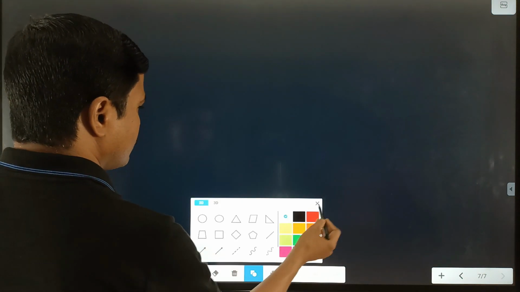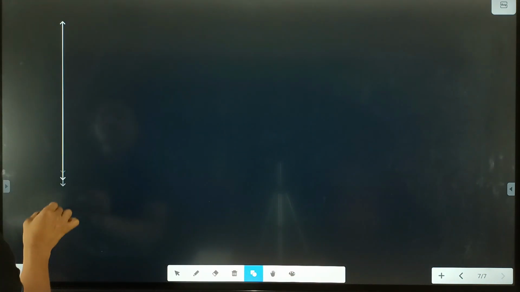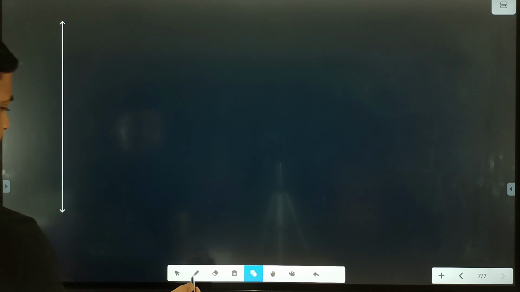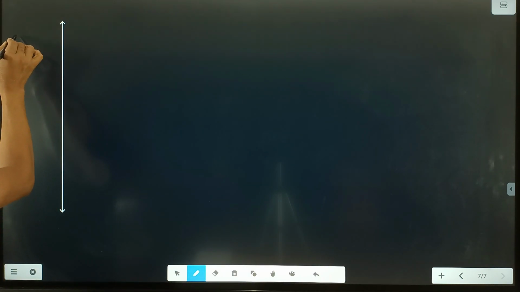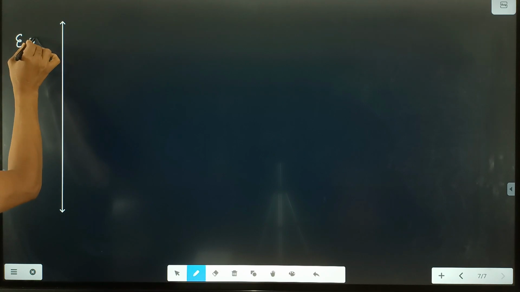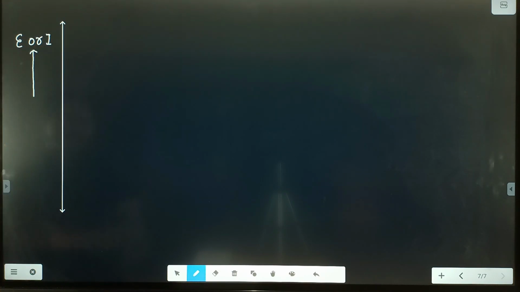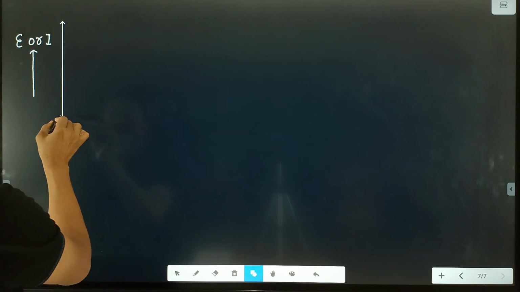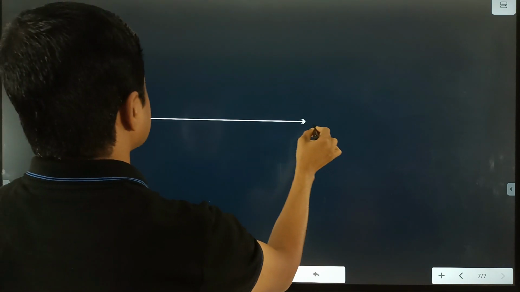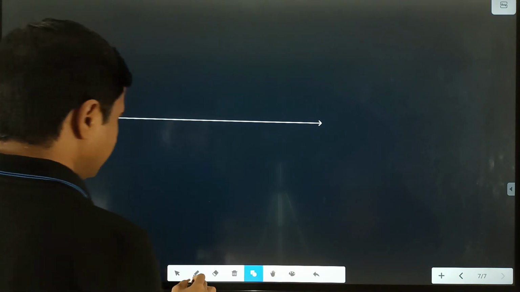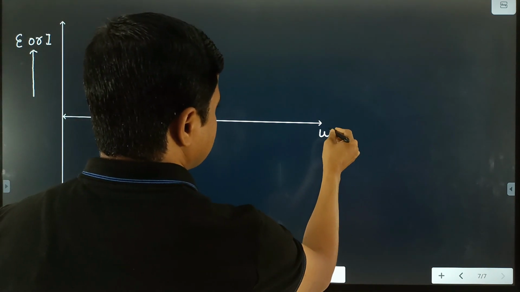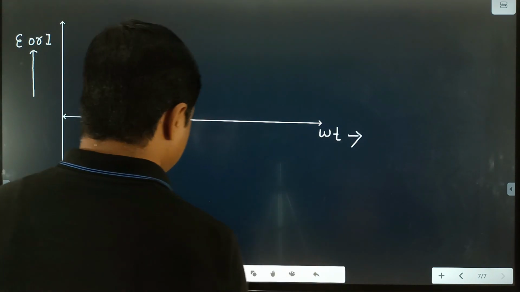Same thing, we take two axes. This one is the y-axis, and in the y-axis we take EMF or current. And the second axis, suppose this one is your x-axis, and in the x-axis we take omega t, that is the phase.